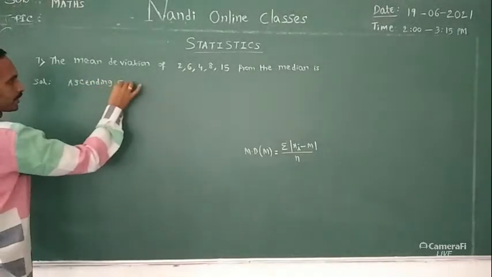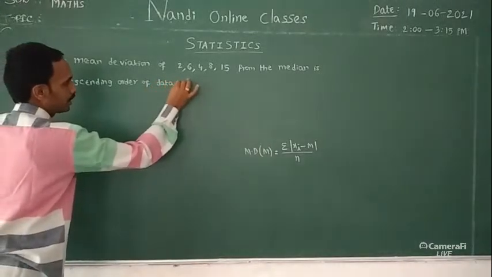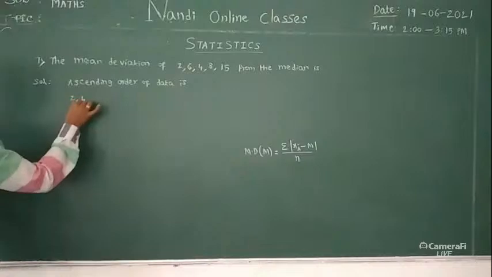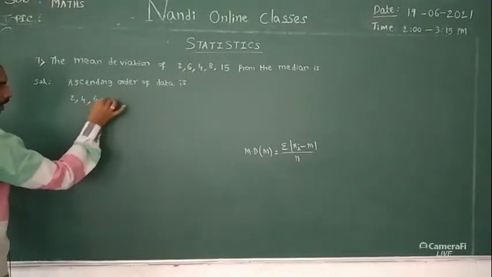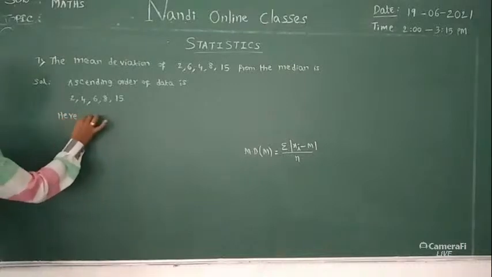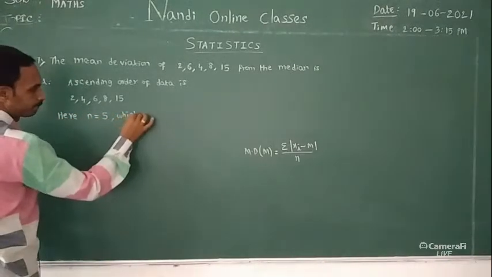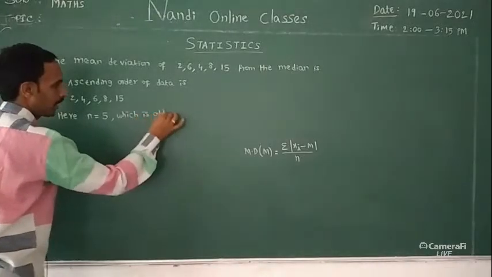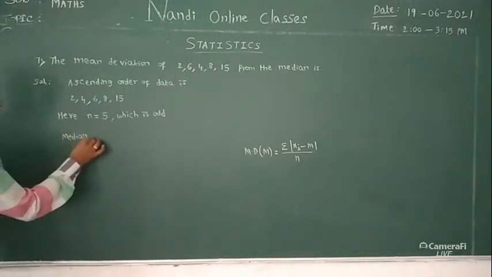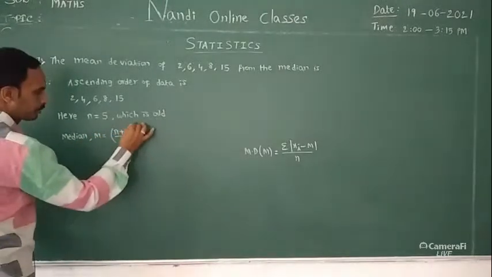The data in increasing order is 2, 4, 6, 8, 15. Here n, the number of observations, is 5, which is odd. The median, capital M, is equal to the n plus 1 by 2th observation.